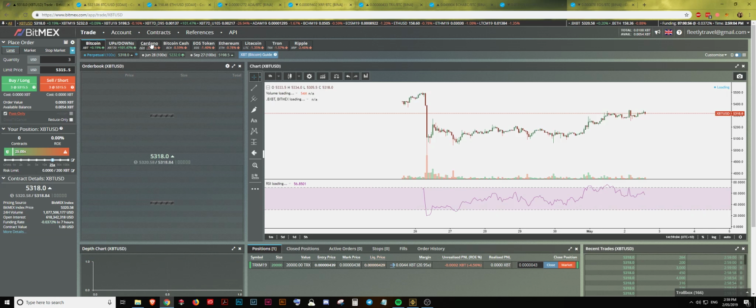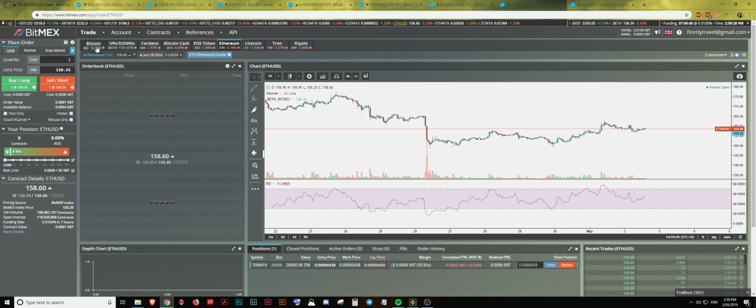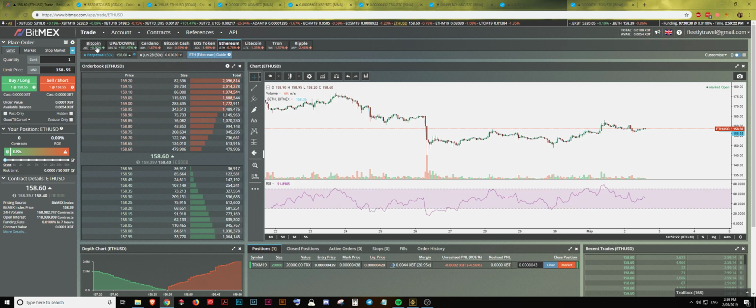But you've got Bitcoin, ADA or Cardano, Bitcoin Cash, EOS, Ethereum, Litecoin, Tron, Ripple. They actually updated the trading engine last year and added Ethereum USD, and it actually took up all the space.